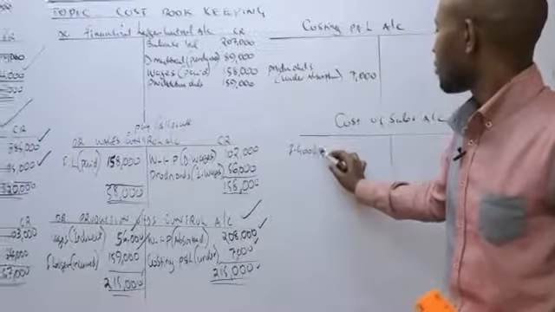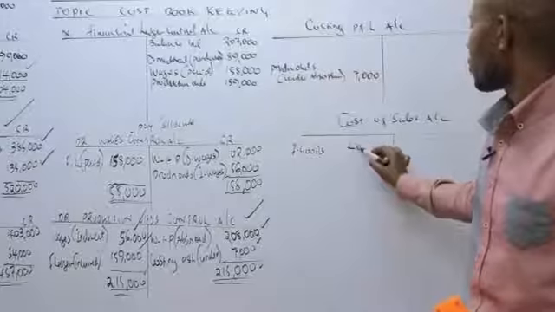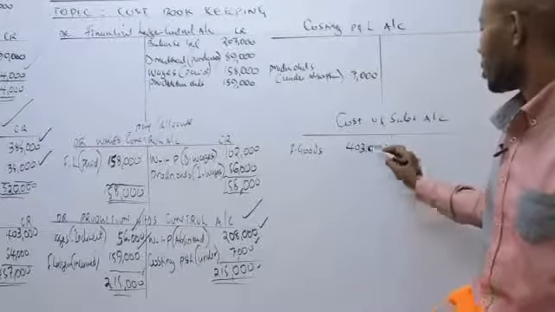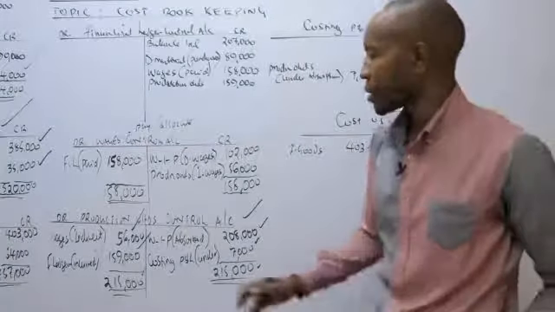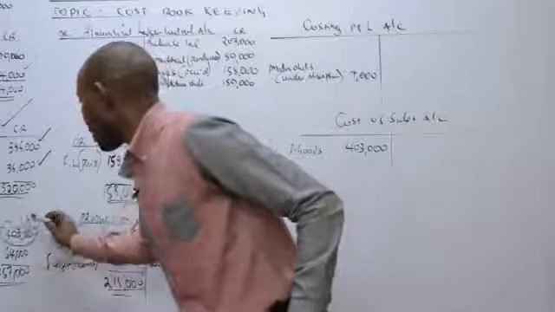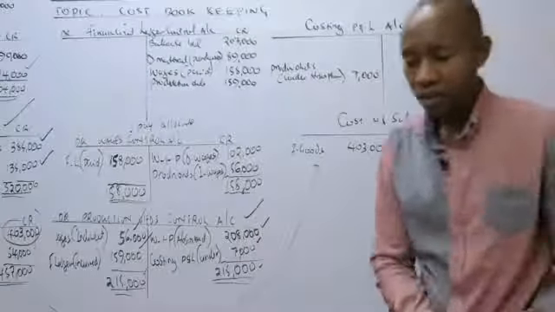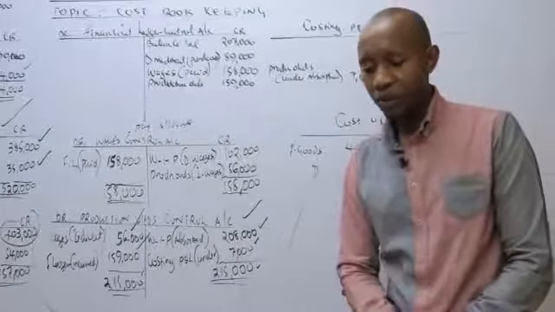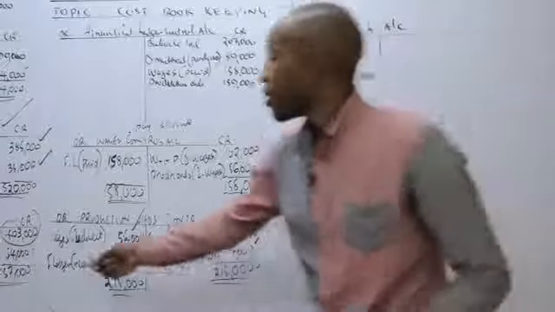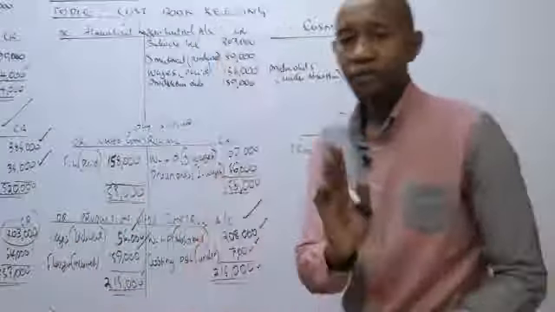So these are finished goods 403. So everybody is clear about that. We have 403 here, and I have brought it to the debit side of my cost of sales account, which is 403. And 403 was the balancing figure in the finished goods account.